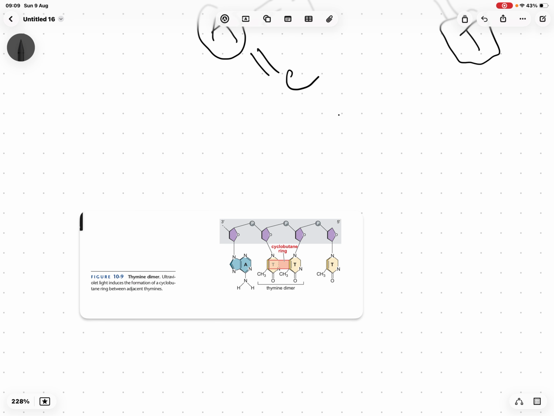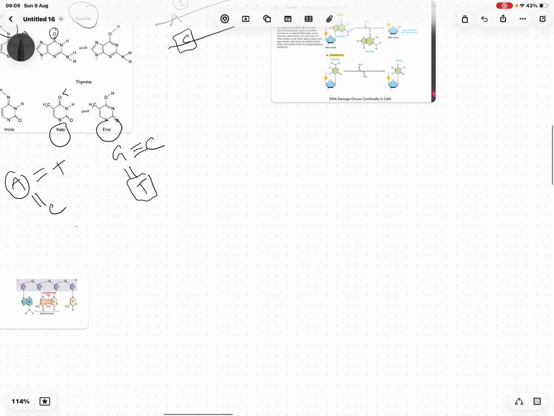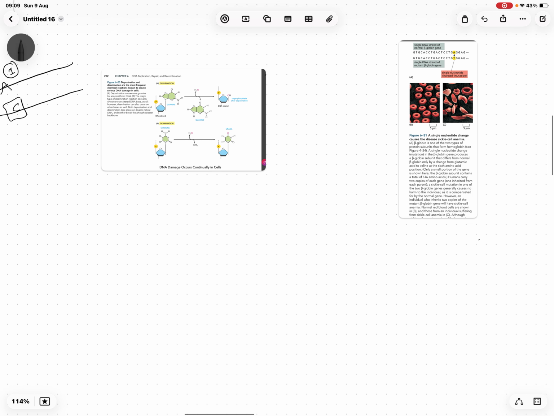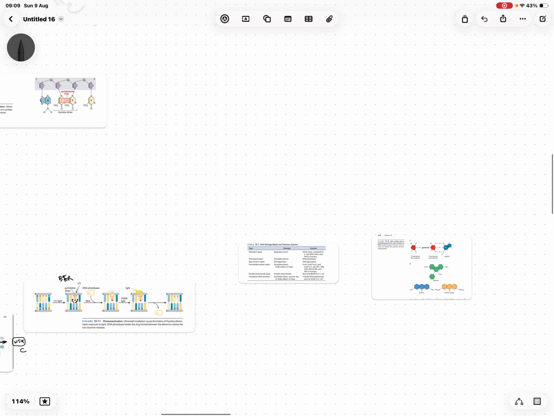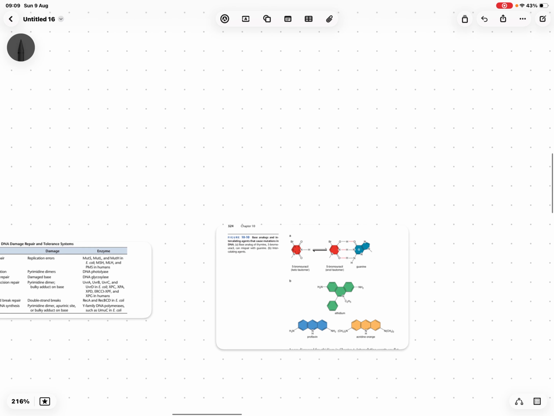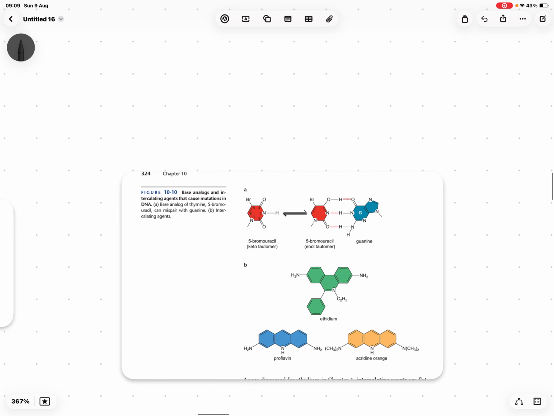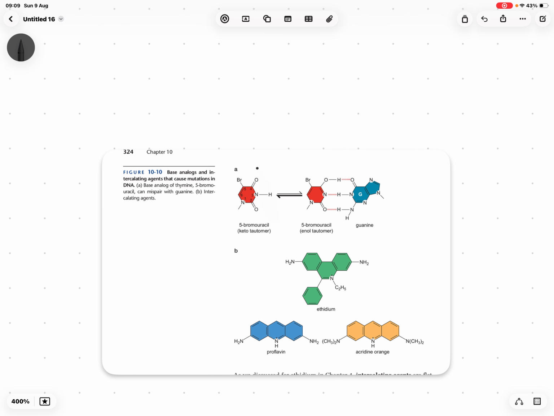In addition to that, some chemical agents, like bromouracil, are one such thing. This 5-bromouracil is actually in its keto form. When it converts into the enol form, its tautomer form, this uracil pairs with the guanine.